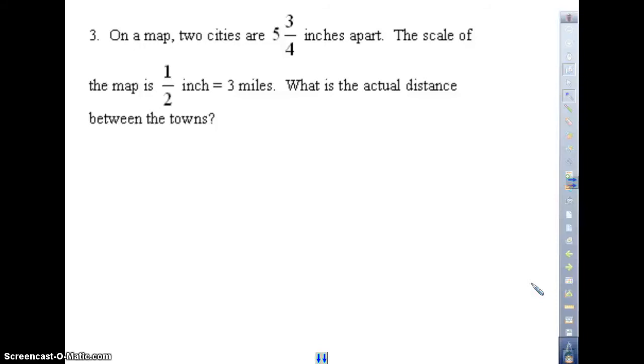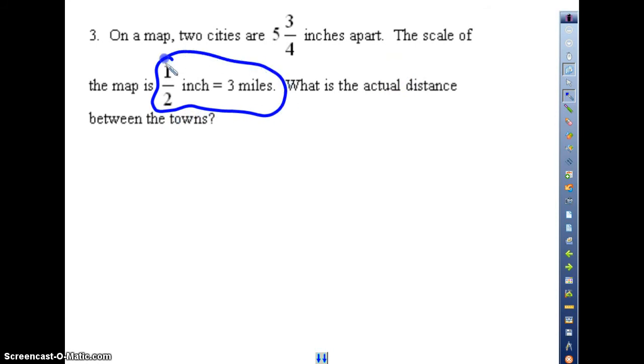Okay, so we had this nice little discussion about the scale on this map. And one of my little smarties over here said, basically without saying it, but I know what he was saying, he said, I don't want to deal with that fraction of 1/2 inch represents 3 miles.